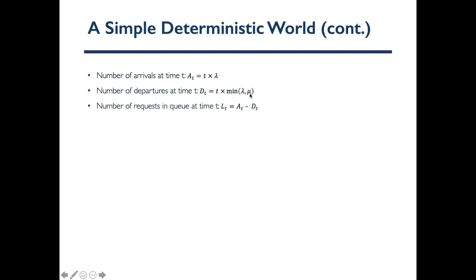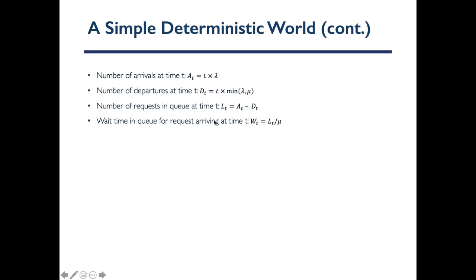Now, how many requests do we have in the queue? The answer is our arrivals minus our departures. That's very obvious. That's how many people are now waiting. You can definitely see that.